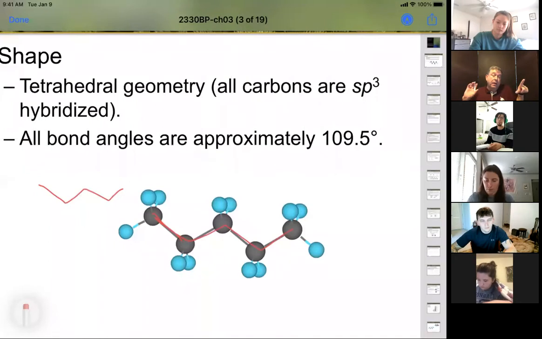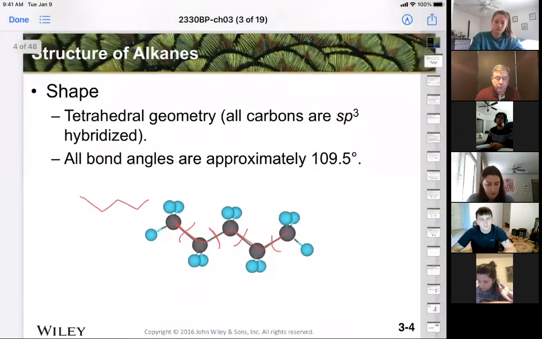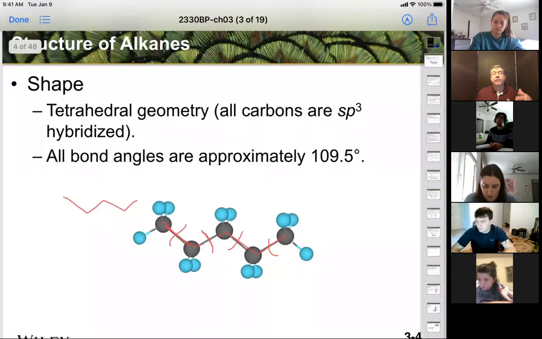Now, one thing to note is that that's just a way to draw it. There's nothing fixing it in that position. These bonds can move. All of these bonds actually rotate, and we'll talk about that in a little bit. Okay, so alkanes tend to have that tetrahedral geometry around each and every carbon.